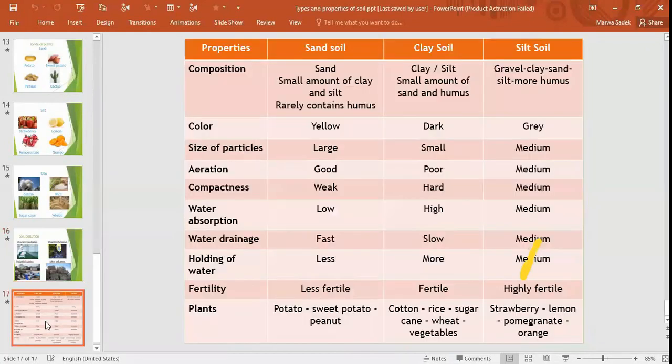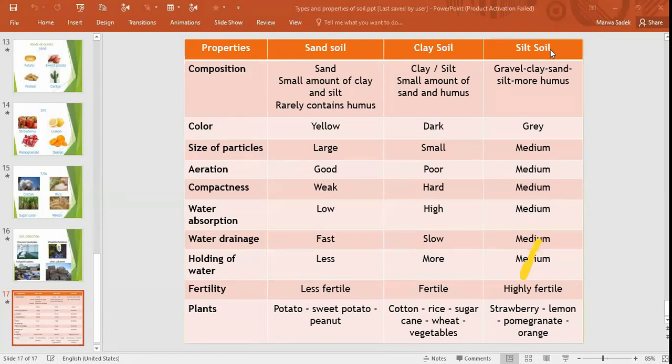Let's make a quick comparison between the clay, the silt, and the sand soil. Sand consists of sand, a small amount of clay and silt, and rarely contains humus. Clay contains clay and silt together and a small amount of sand and humus.